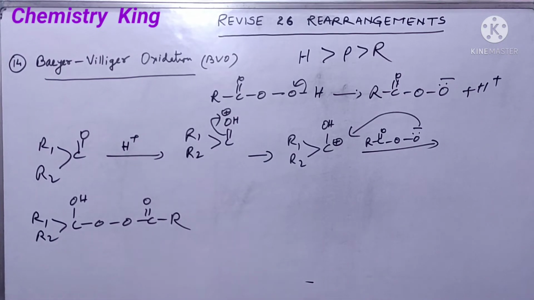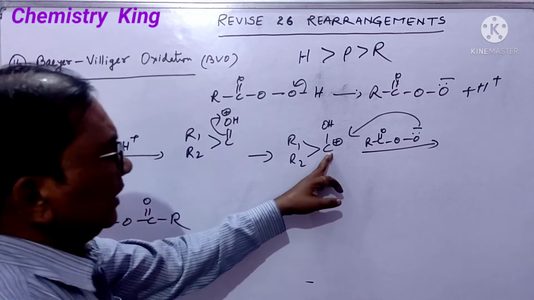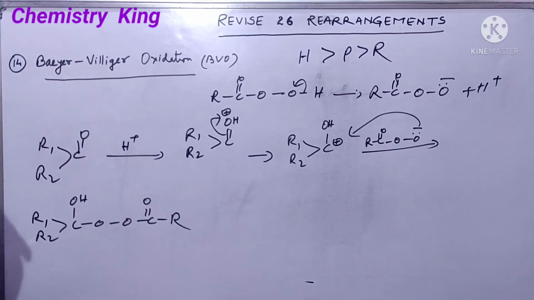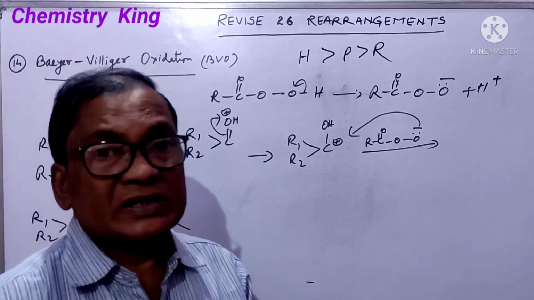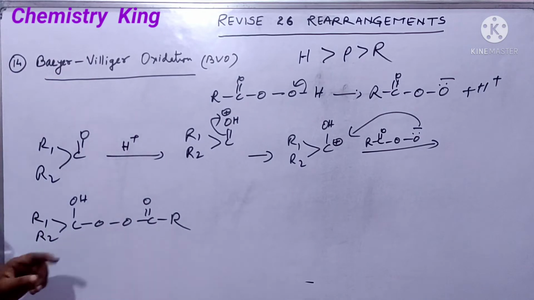Now here we have to underline that it is a carbocation, an electron deficient carbon. But Baeyer-Villiger oxidation is the only rearrangement we are looking at which involves electron deficient oxygen.